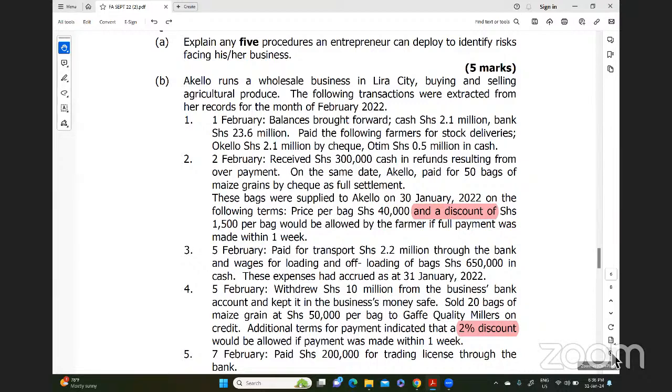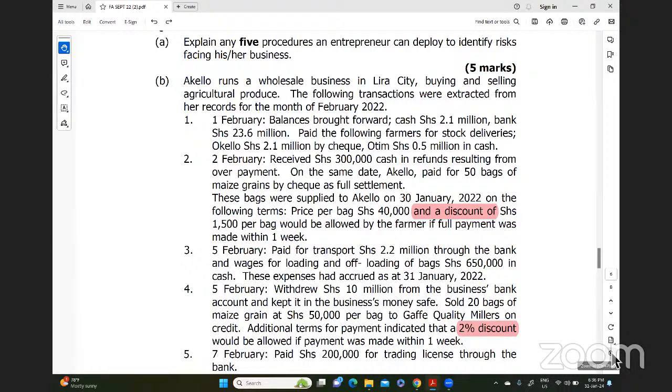This concept of balances brought forward is a concept in ledgers: whenever you have a ledger or a T account recording every increase or decrease in that particular element, at the end of the period you need to balance off that ledger. As we balance any ledger, you will have balances, not in all circumstances, but where you have balances, those balances shall be the difference, if there is an imbalance at the end of the period, between the left-hand side and the right-hand side.